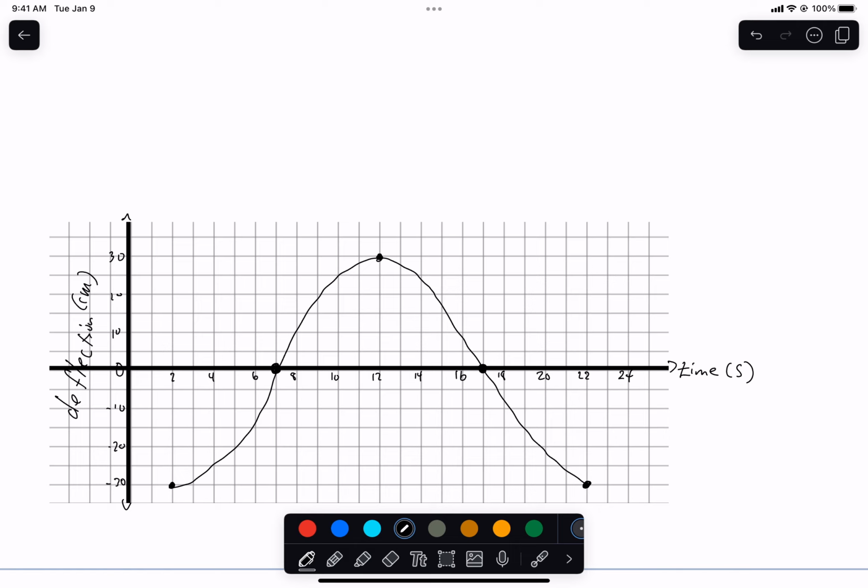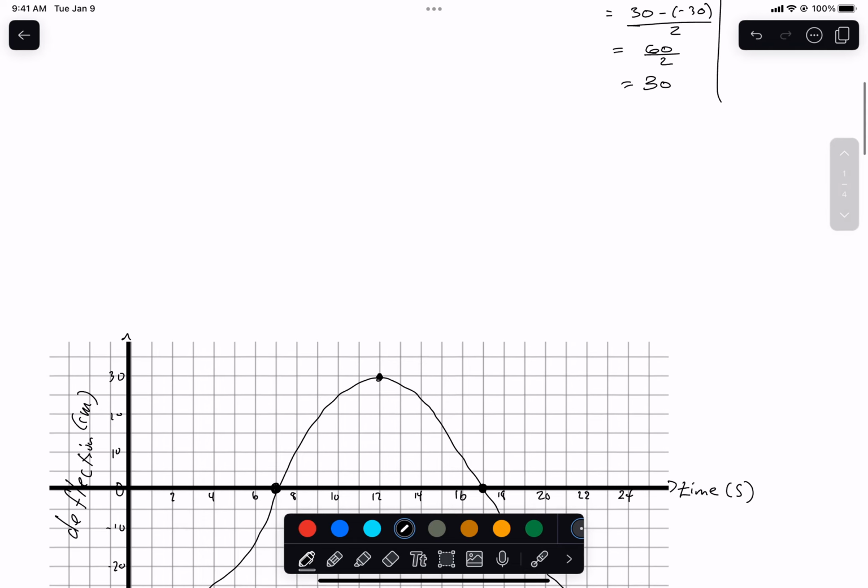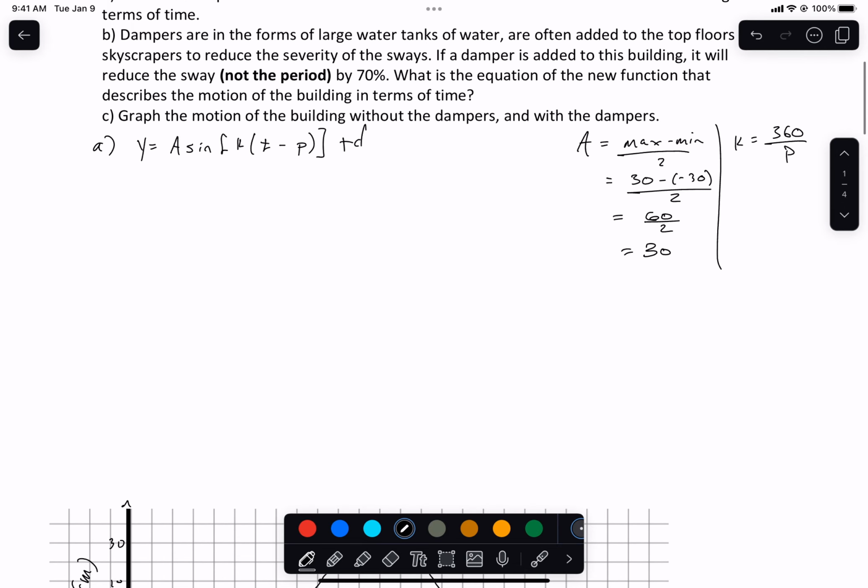Right, so from 2 seconds it reaches its low, and then it takes another 20 seconds to reach that same point again at 22, right? At negative 30, so 22, negative 30 and 2, negative 30. There's 20 seconds in between there. So that's the period, how long it takes. So I would get 360 divided by 20, which would be 18 is my K value.